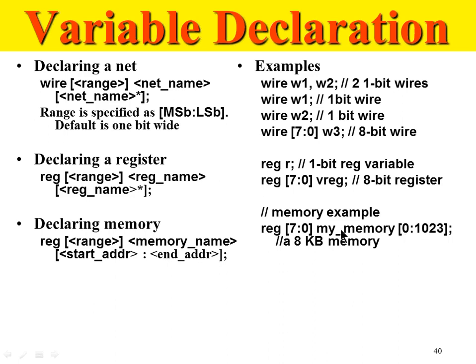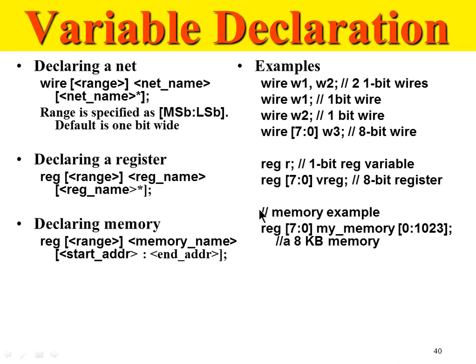So 1024 into 8 will give me 8000 something, which is roughly an 8 kilobit memory. Okay, that's how I will declare my memory. Each memory will have the depth or the number of locations, and each location will have a certain width, X number of bits.